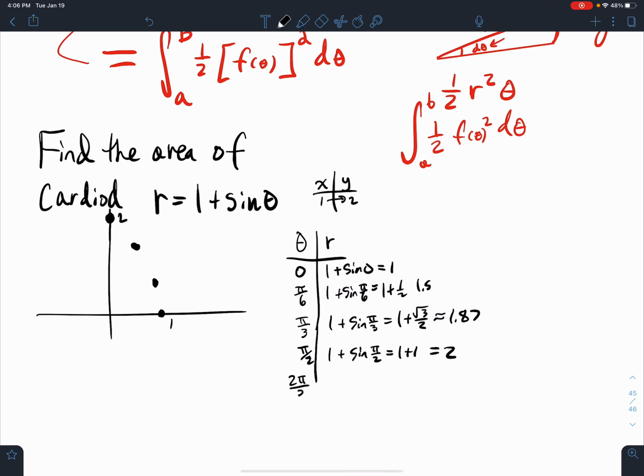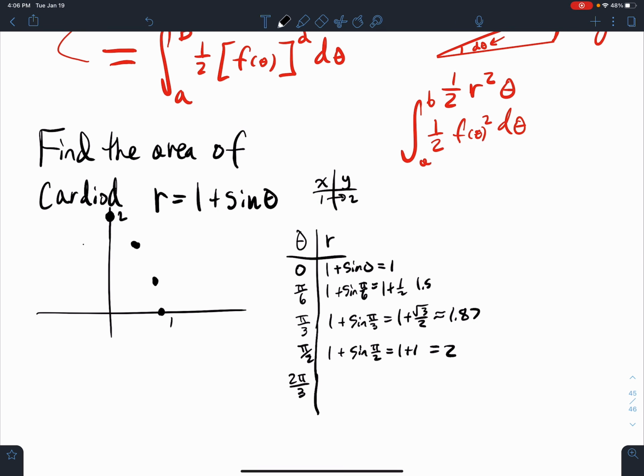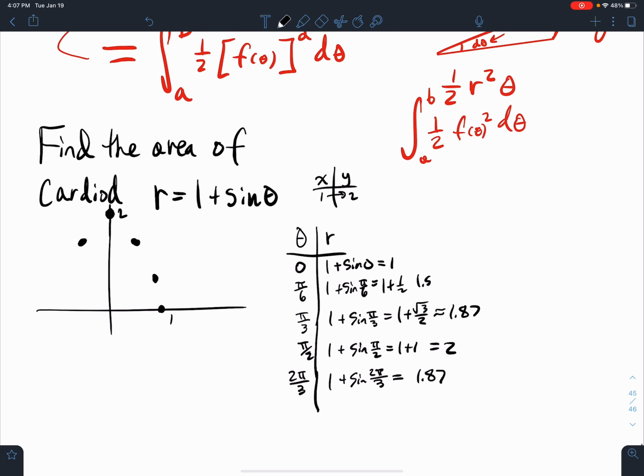2 pi over 3, that's going to get me back around here. And then, so once again, if you run through this, sine 2 pi over 3, you get 1.87 again.